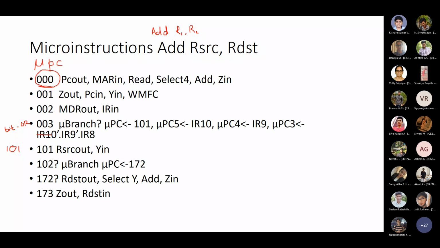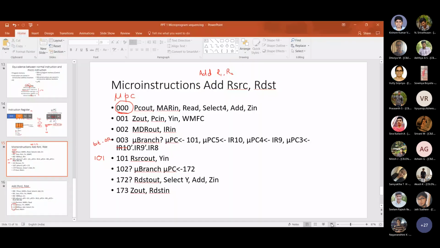Is it clear, guys? Got an idea why we are jumping to 172? Can anybody tell me why we are jumping to 172? I just want to know whether the idea is clear. Yes, Srivatsan. Can you tell me why we are jumping to 172?